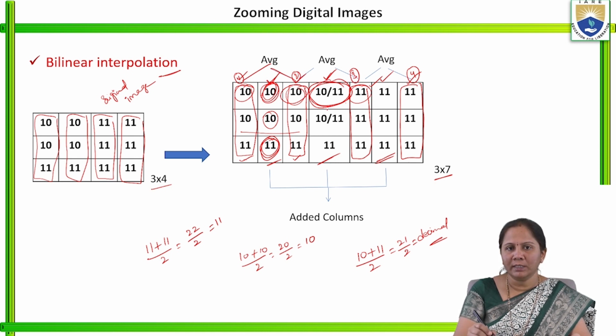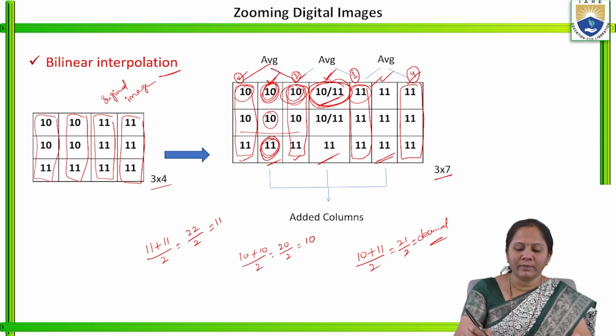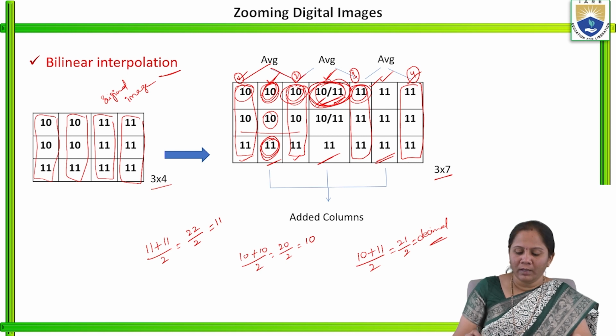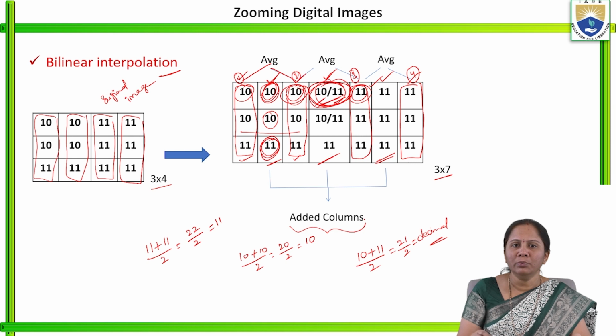It should be an integer value only. So in such conditions, we can consider either the value 10 or 11. You can consider the value 10 or 11, only one value. Decimal values are not acceptable here. So this is how we will get the new intensity values in these added columns.